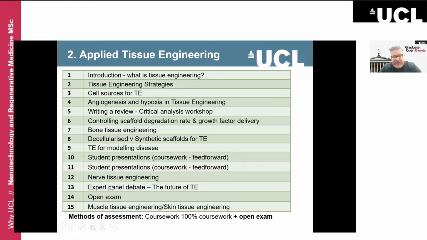Tomorrow, we're going to have our expert panel debate on the future of tissue engineering, where a few experts from around UCL discuss where they think the biggest challenges are in developing tissue engineering, and possibly why we haven't made as much progress in the last 25 or 30 years.